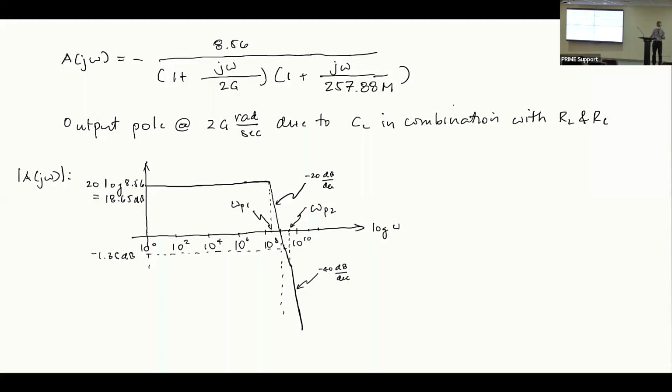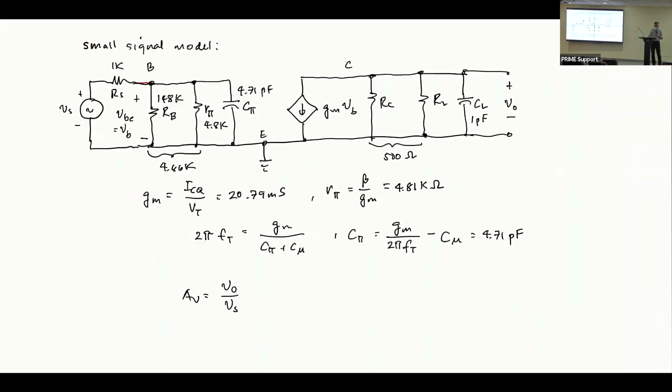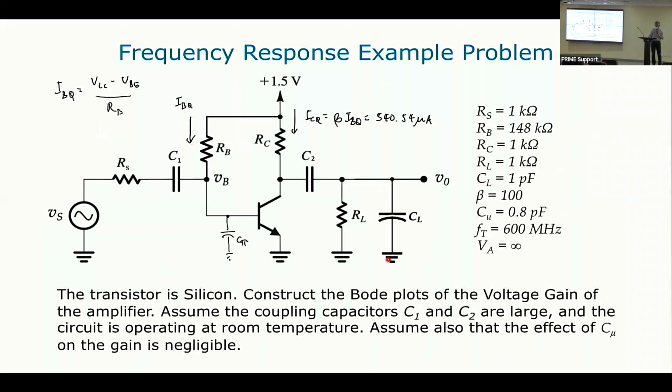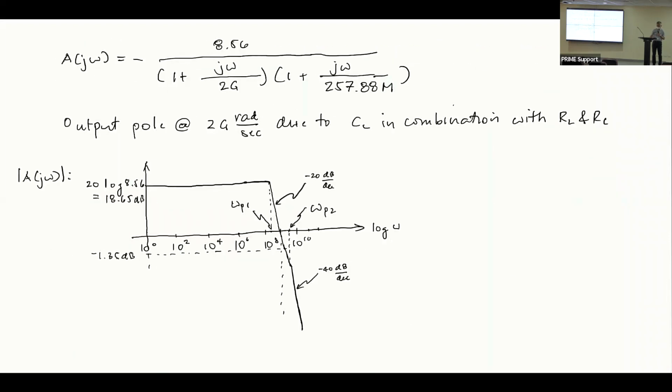This pole, okay, this pole was introduced by my output capacitance. That's introduced by this capacitance, C of L, that caused my output pole. So the value is 2G.